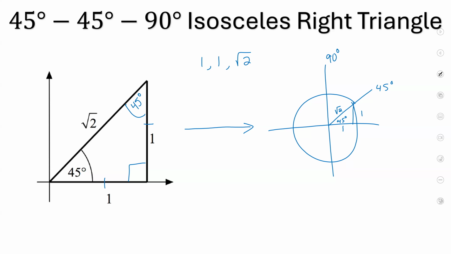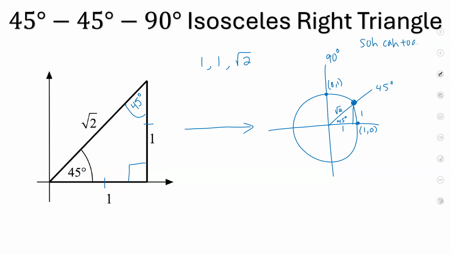Okay, now let's figure out the coordinate right here of this point. When I say coordinate, I know this point right here is 1, 0. I know this point on the top of the unit circle is 0, 1. We're going to figure out what this coordinate is at 45 degrees. The way we do that is SOHCAHTOA.